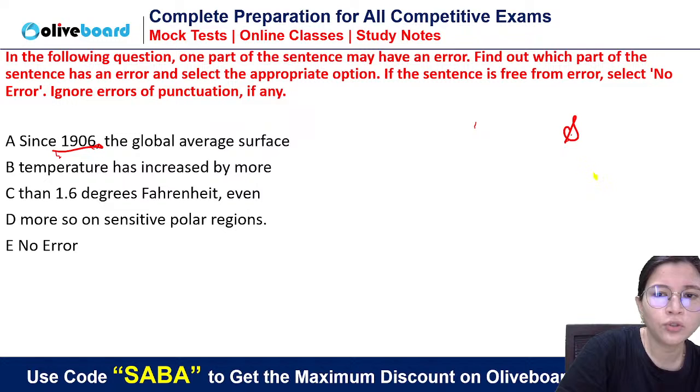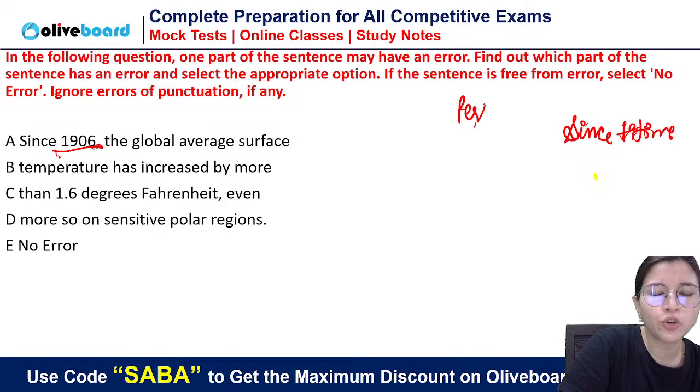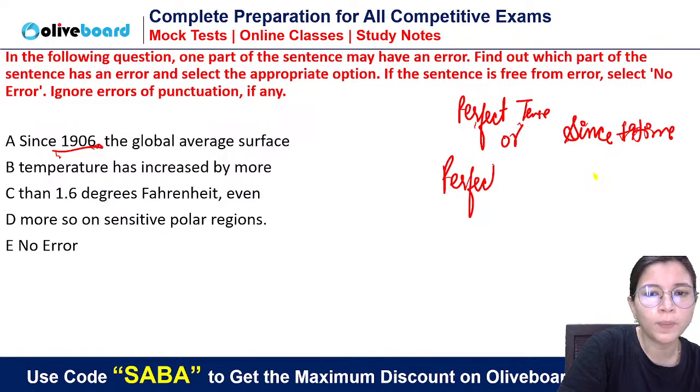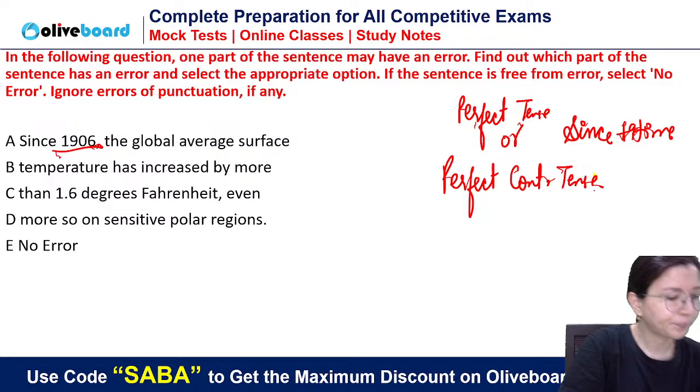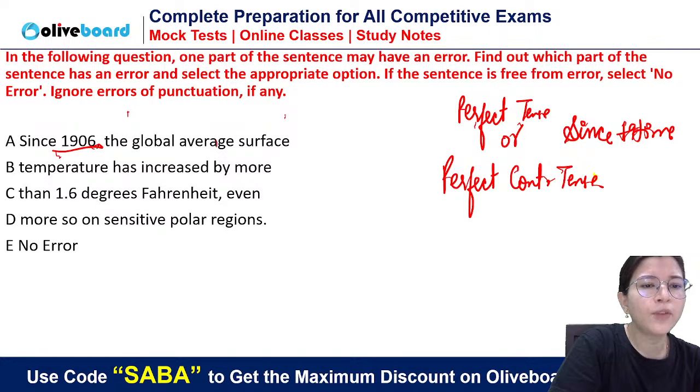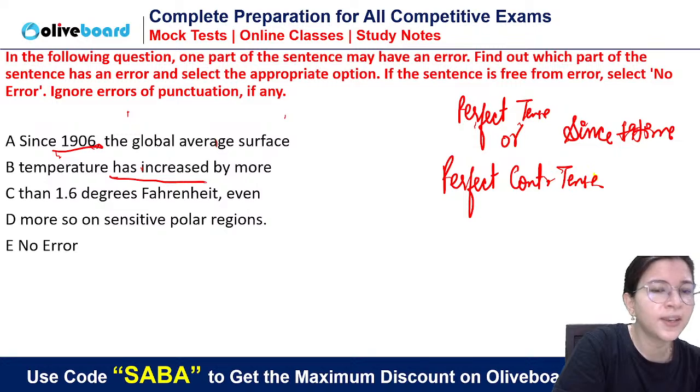Since 1906, so we know that when there is since or for plus time in a sentence, the sentence should be in perfect or perfect continuous tense, right? So we will check each and every part. So since 1906, the global average surface temperature has increased.